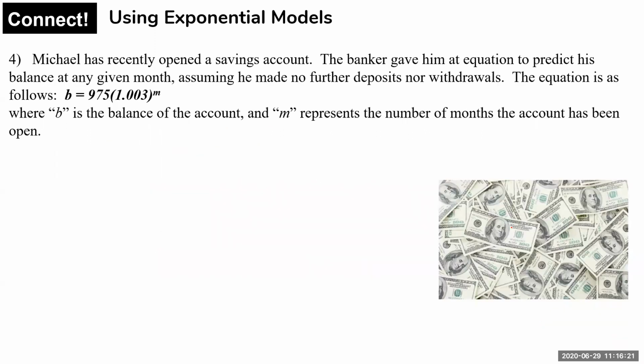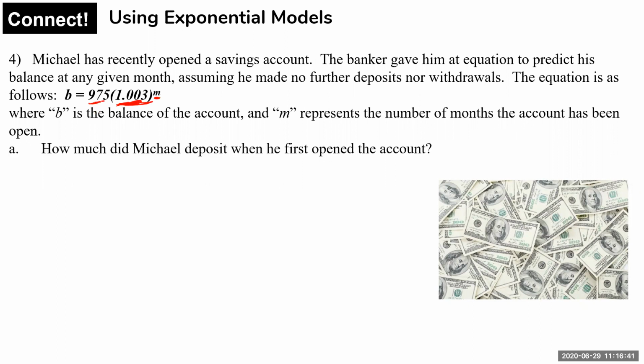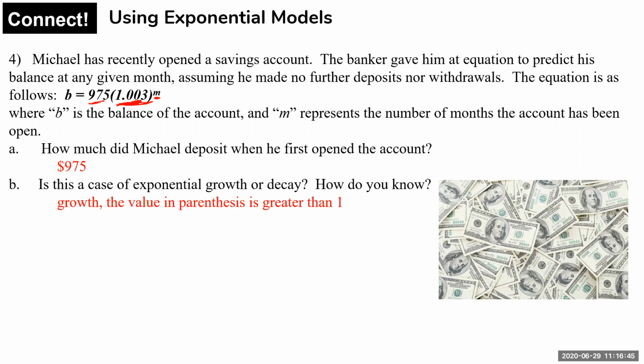And Michael has recently opened a savings account. The banker gave him an equation to predict a balance at any given month. So this is M, and this should tell you that this is a growth, right? What is in parentheses should tell you this is the growth, and this is how much Michael starts with. So how much did Michael deposit? Is this a case of growth or decay?